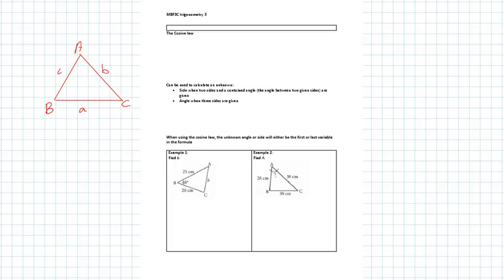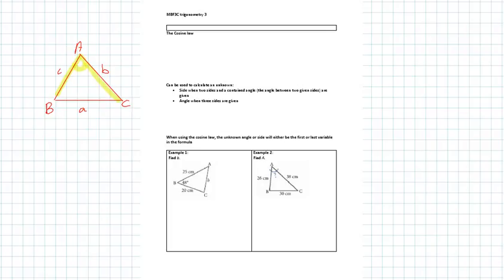Correct? So let's say I'm looking for side A. In order to look for side A, I need to know side C, side B, and angle A. So these must be given to me to find side A. And this is what the formula is.